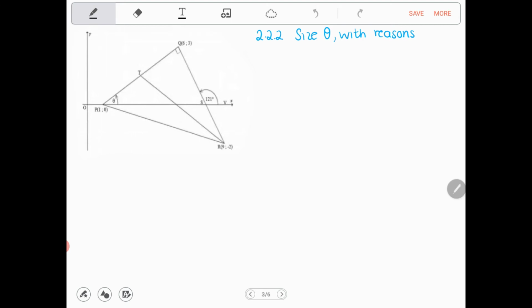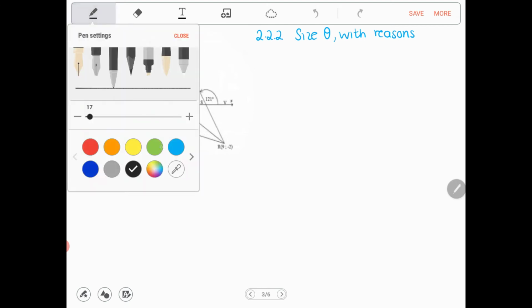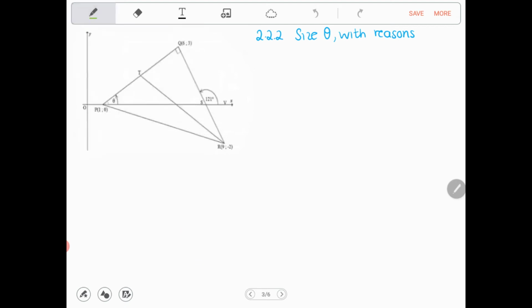Find the size of theta. Okay. Well, I don't know how to find angles in grade 10. So what I'm going to do is concentrate on this triangle here because it's a right-angled triangle. I know that this side here is the root of 34.